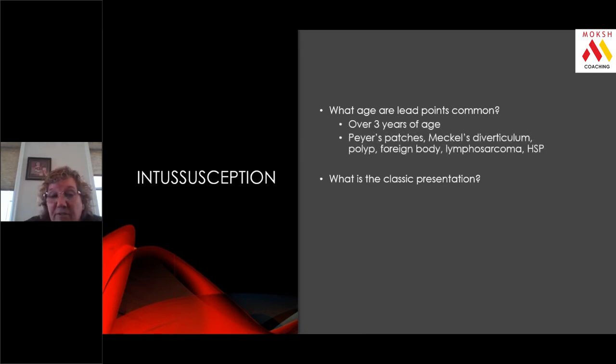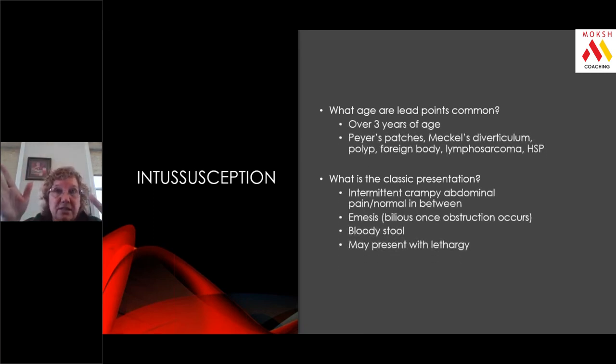The kind of things that they're going to have, and this is the classic: if they give you a 6-month-old male who presents with a 12 to 24-hour history of these crying episodes where the baby's just screaming, pulls up their legs, cries for 5 to 7 minutes, mom can't calm him down, then all of a sudden releases the legs and relaxes and acts fine, that's a classic story for slipping in, slipping out. Slipping in, screams, slipping out. And that's the classic story for intussusception.